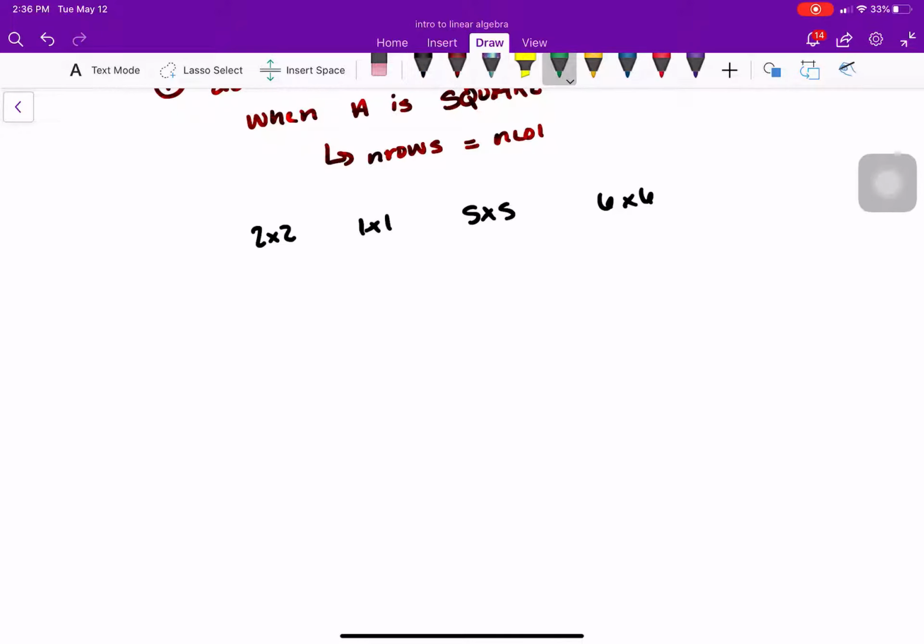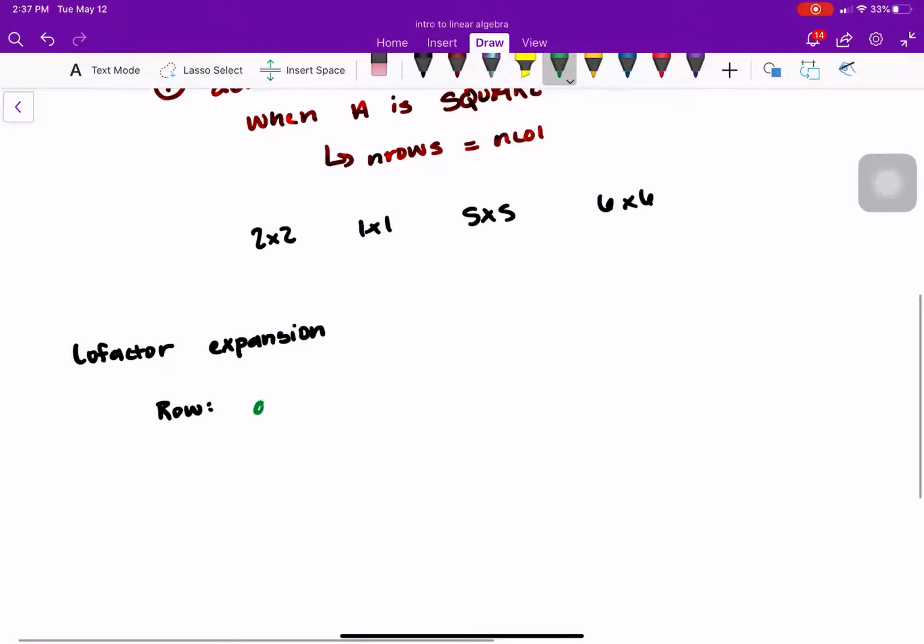There is a handy dandy formula. We can calculate the determinant using what's called a cofactor expansion. Basically, we can expand across a row or by a column. If you expand across a row, here's what the formula looks like.